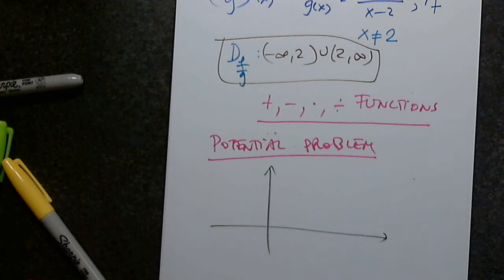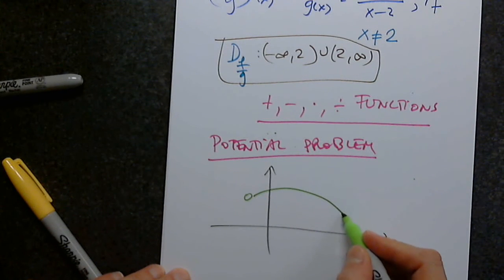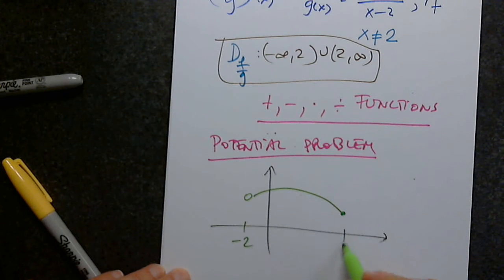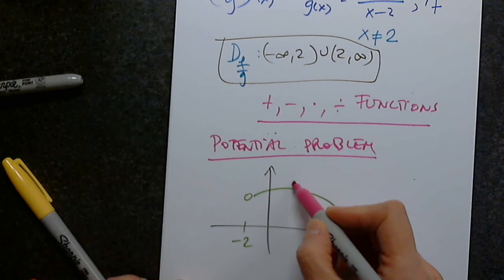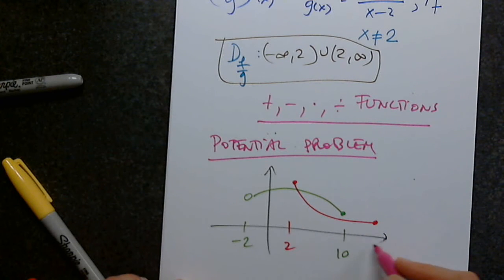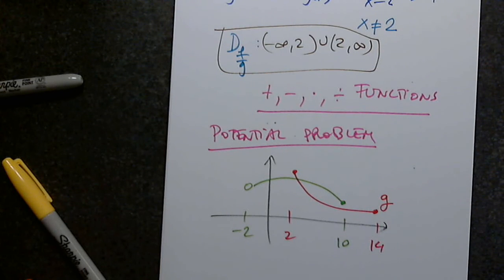Here's one, let's say between -2 and 10. And I have another, let's say between 2 and 14. So this is G, and the green one is F.